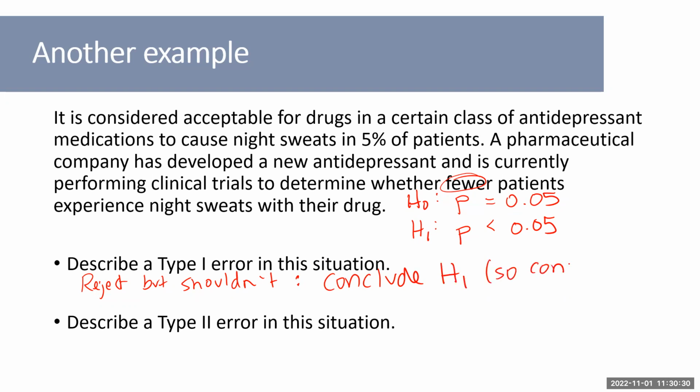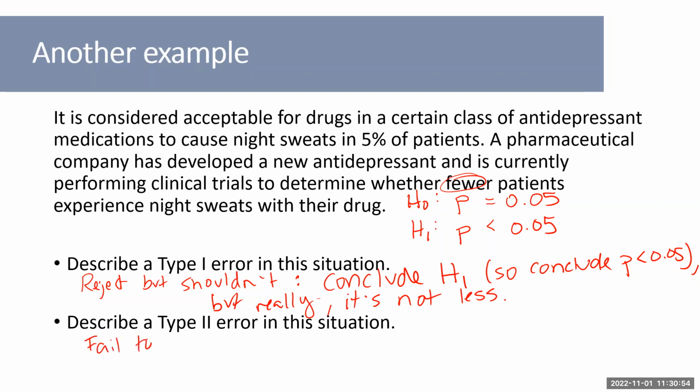So they're going to conclude that it's actually less than 0.05, but really it's not less. Okay, so they're going to come out and say, hey, it's less than 5%, but really in reality it's not. Okay, now a type 2 error means that they're going to fail to reject, but they should have rejected.